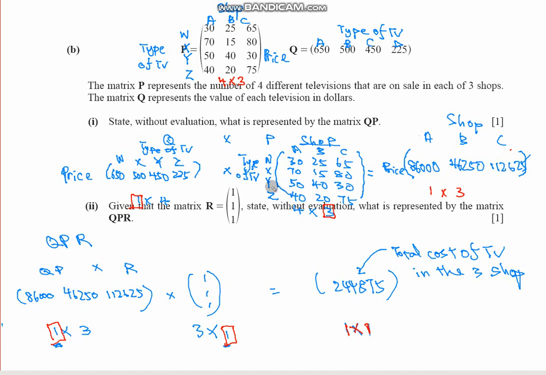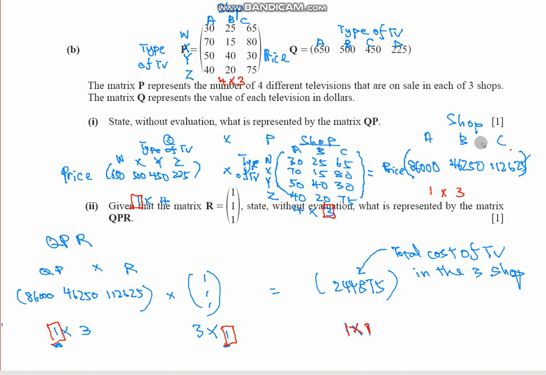Now let's look at the title of the matrix. You got price, type of TV, times type of TV, and the shop is the column. Remember, for the resultant matrix, you take the row, which is the price, and the column from the second matrix, which is the shop.